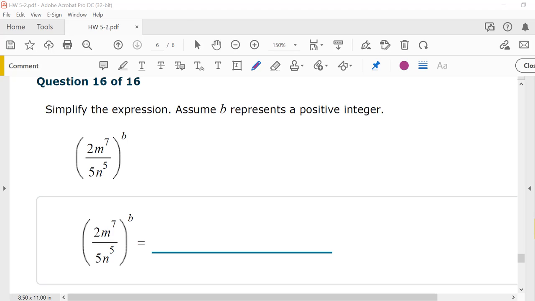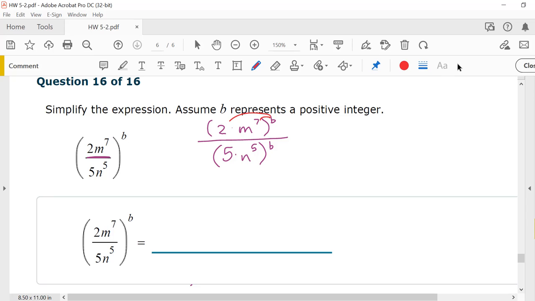All right, last problem. I see division and I see an exponent. So I'm going to give the exponent to the numerator and denominator. 2 times m to the 7th to the b over 5 times n to the 5th all to the b. Now I'm going to give the b to both terms up top.